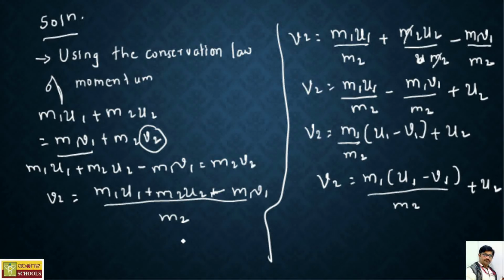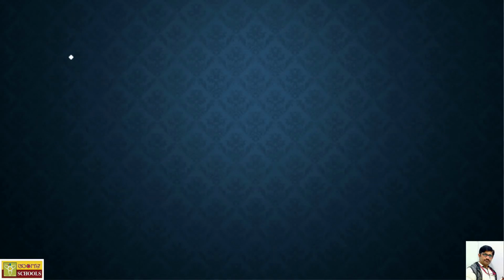Now substitute all the values into this expression to get the recoil velocity of the pistol. Okay, we have the formula of V2, which is equal to M1 in the bracket U1 minus V1 divided by M2 plus U2. So M1 is taken as the mass of the bullet, 25 into 10 to the power minus 3 kg.